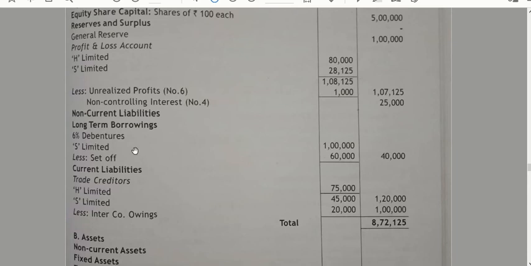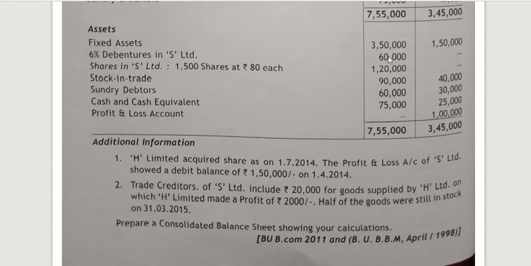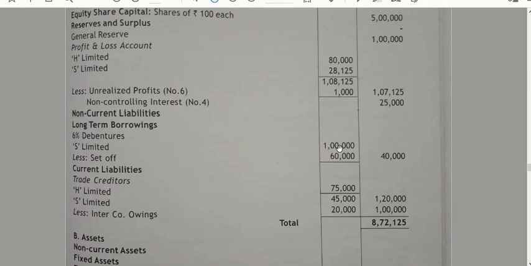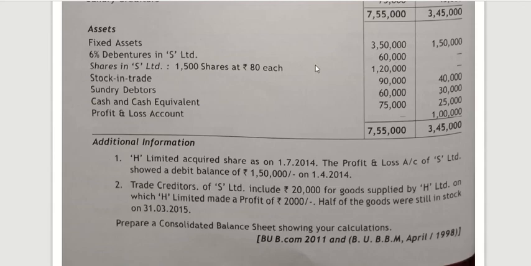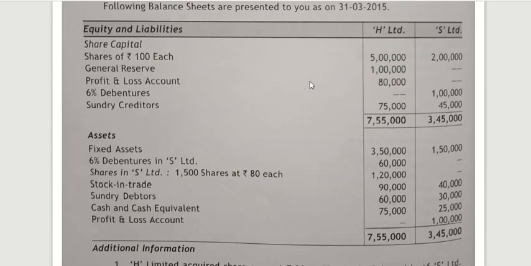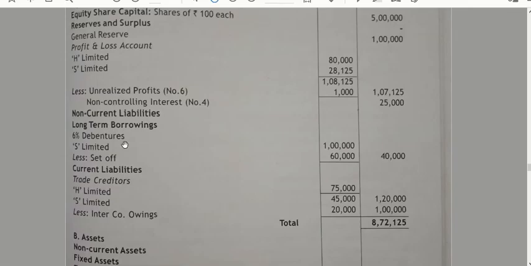If you see the question, 6% debentures of S Limited is 1 lakh, and 6% debentures purchased by H Limited is 60,000. So 1 lakh minus 60,000, less your set off. So the outside amount is 40,000.